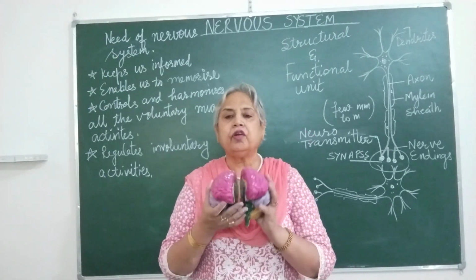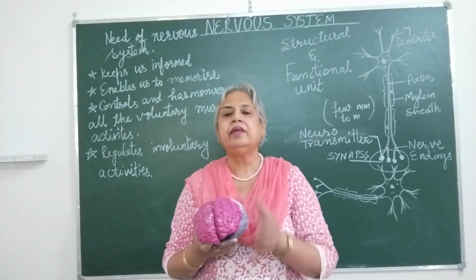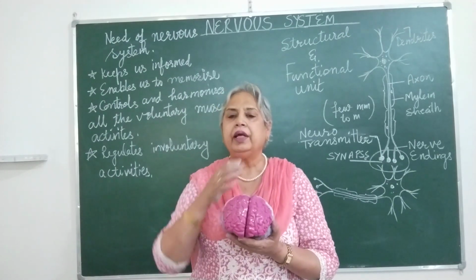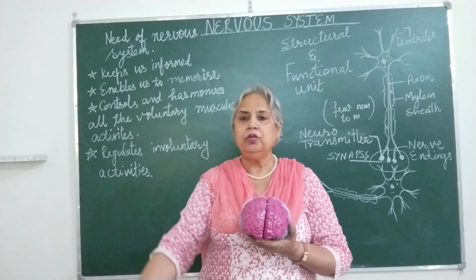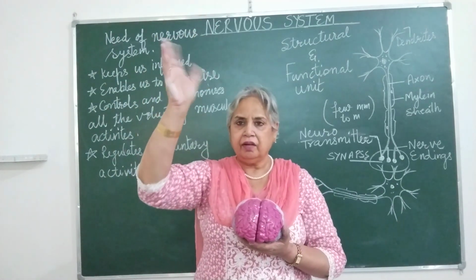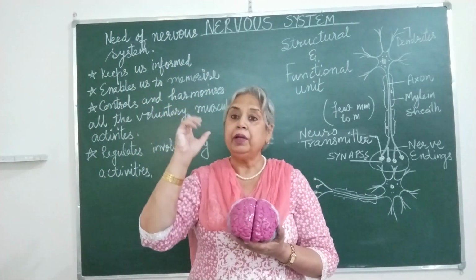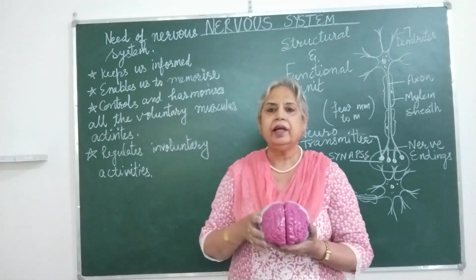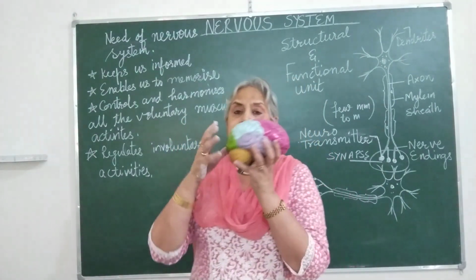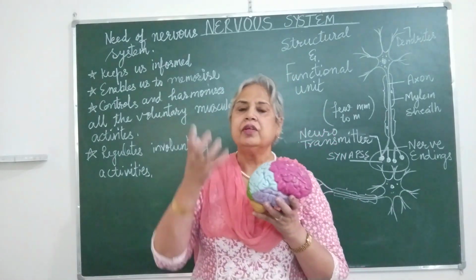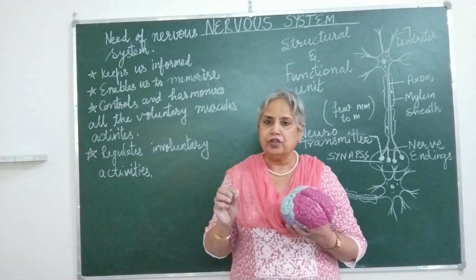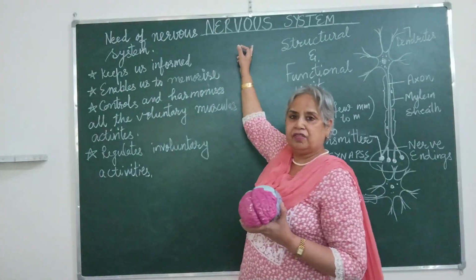The left side of the brain controls right side and right side of the brain controls our left side. So we are able to shake this hand, our right hand, then the left brain is controlling this. Okay? So this brain and the spinal cord and then the nerves which are there constitute nervous system.